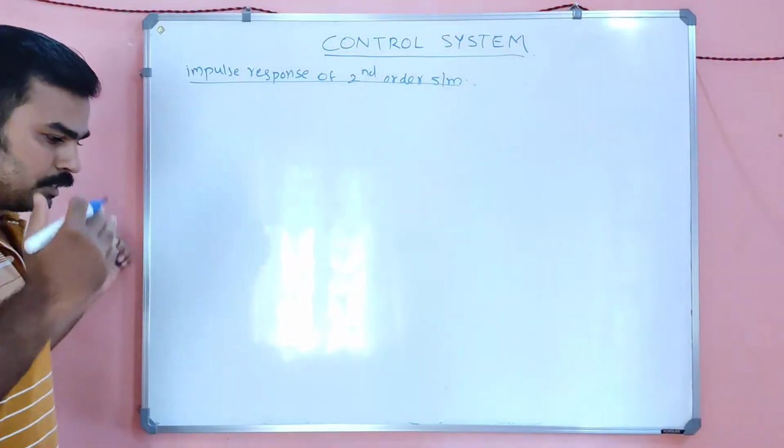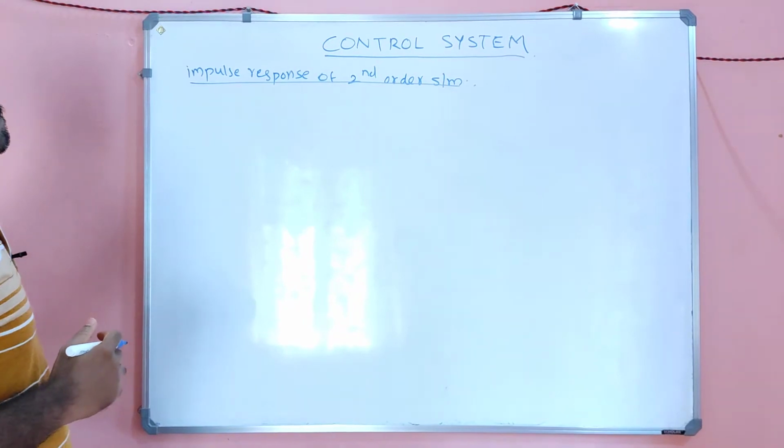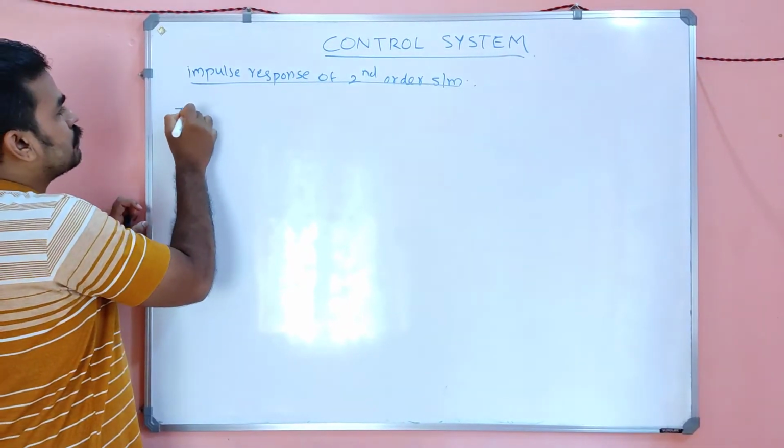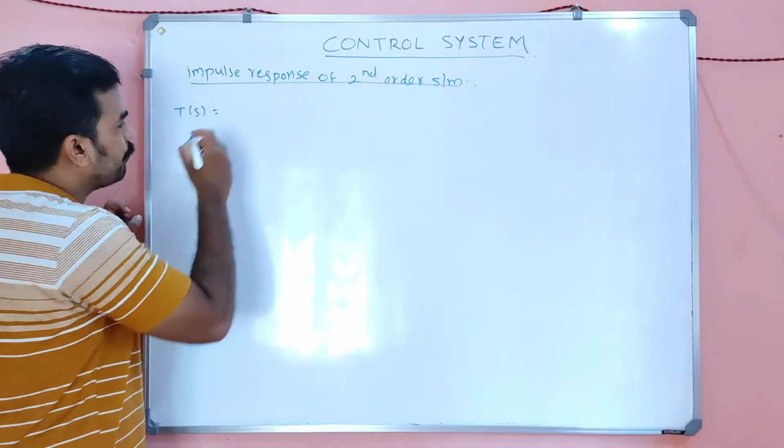Impulse response of a second order system, my dear. Okay, listen. So we have the transfer function T of s equal to what?